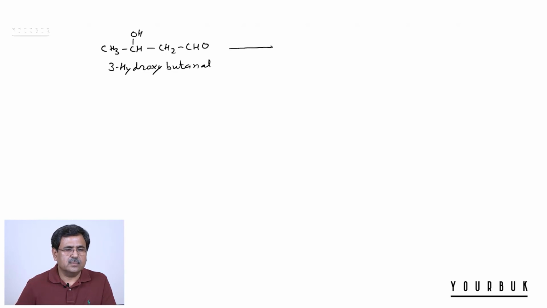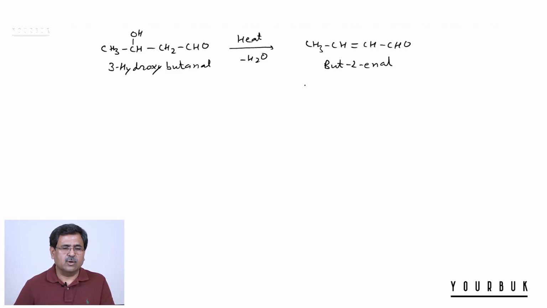And on heating, it undergoes dehydration to form a double bond between the alpha and beta carbon, and the product is called but-2-enol. And this also has a common name, crotonaldehyde.